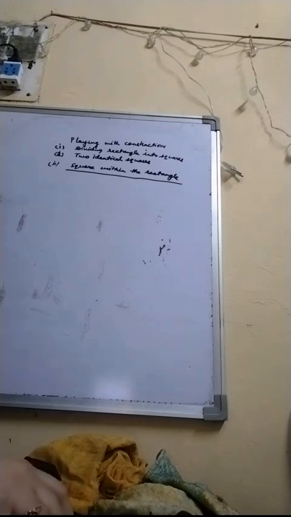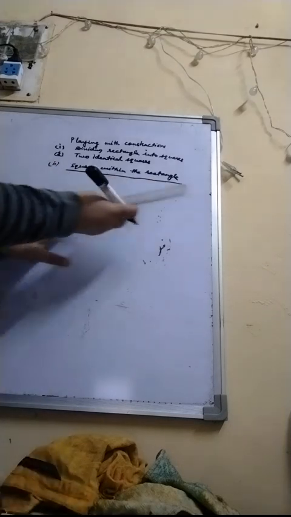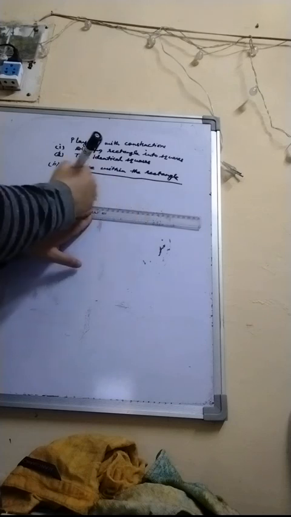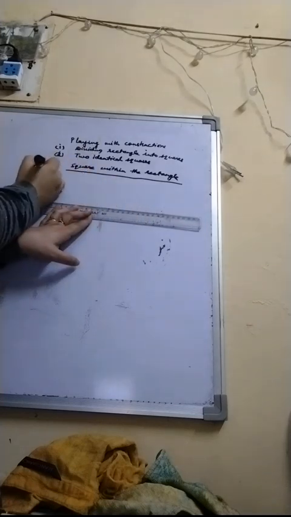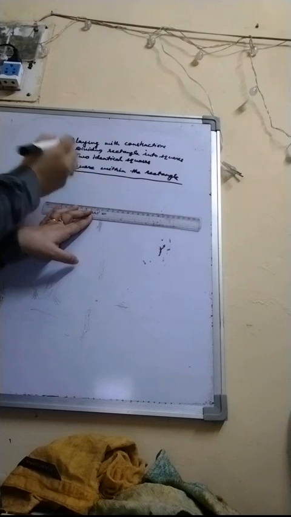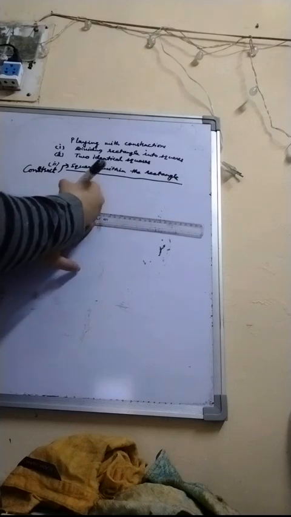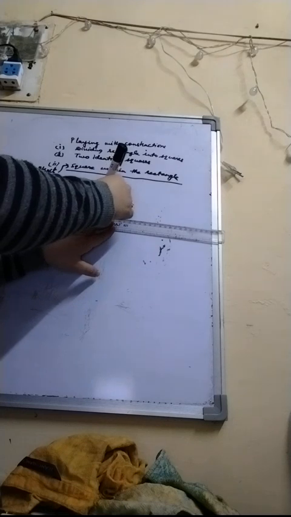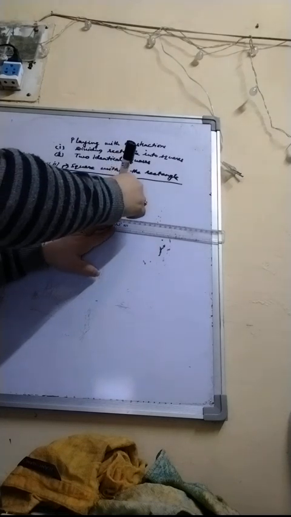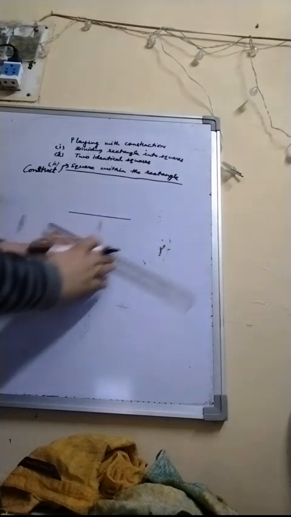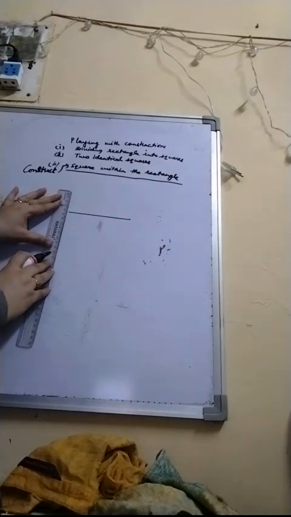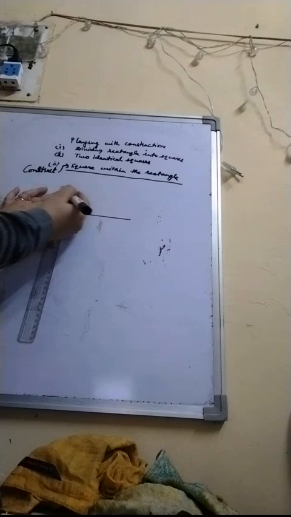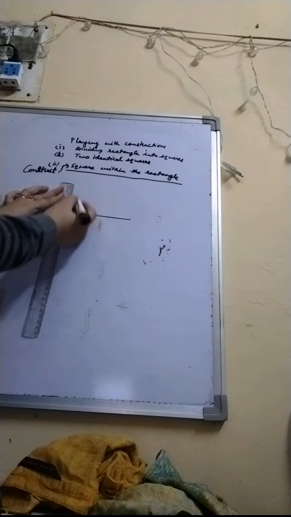So basically we start with, let's say, construct a square within the rectangle. So let's start. Suppose we take length 12 centimeter and breadth 6 centimeter.